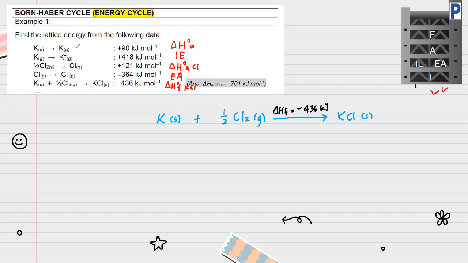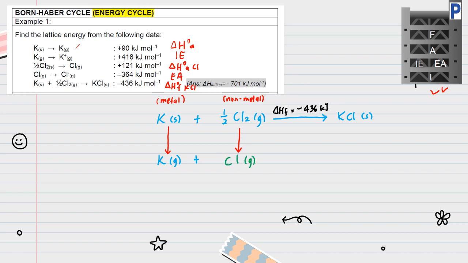So next seterusnya kita akan turun kepada atomization. Okay, kita akan buat both side turun, metal dan juga non-metal. So this one kita punya metal. Over here adalah kita punya non-metal. So both side akan turun undergo enthalpy atomization. So K solid undergo atomization, yang ini pun undergo atomization. So automatically daripada K solid bertukar menjadi K gas, plus dengan Cl gas.